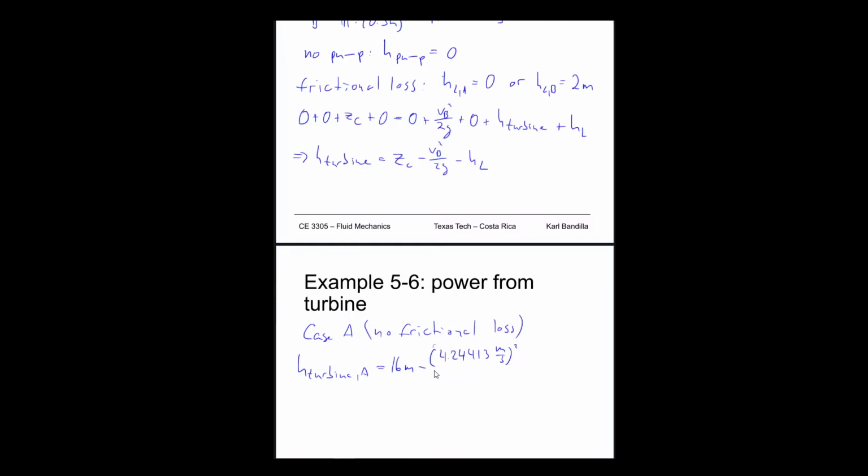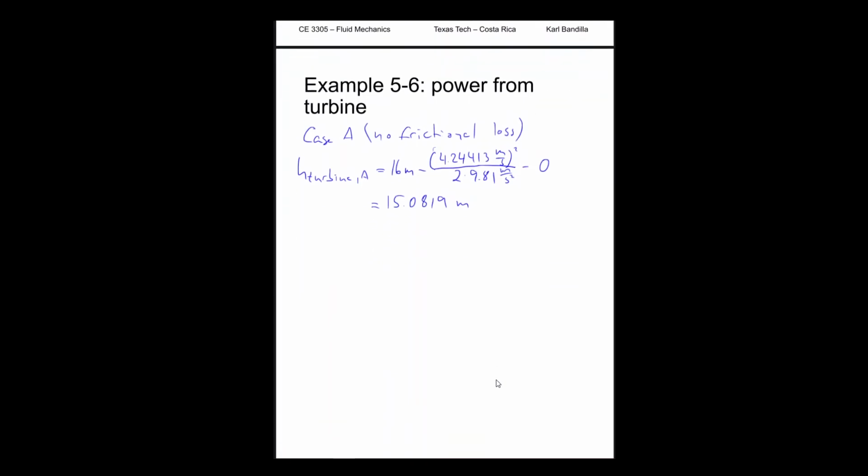That's what we calculated above, raised to the second power, divided by 2 times 9.81 meters per second squared. And we said in this case we have no head loss. So if we plug that in, then we get a turbine head of 15.0819 meters. All right, so we can see our velocity there doesn't take up all that much energy.